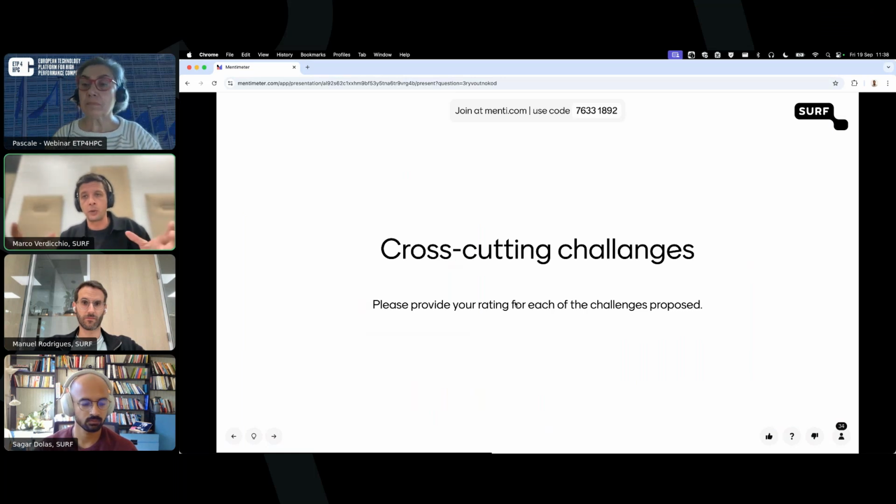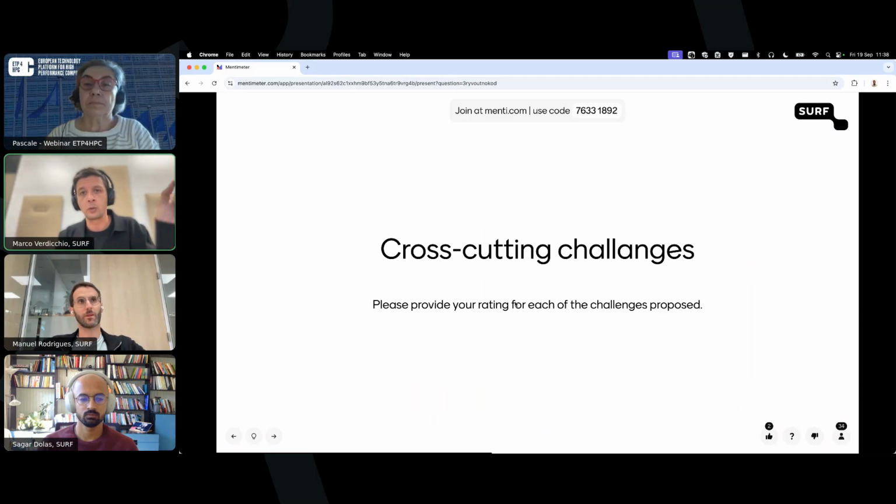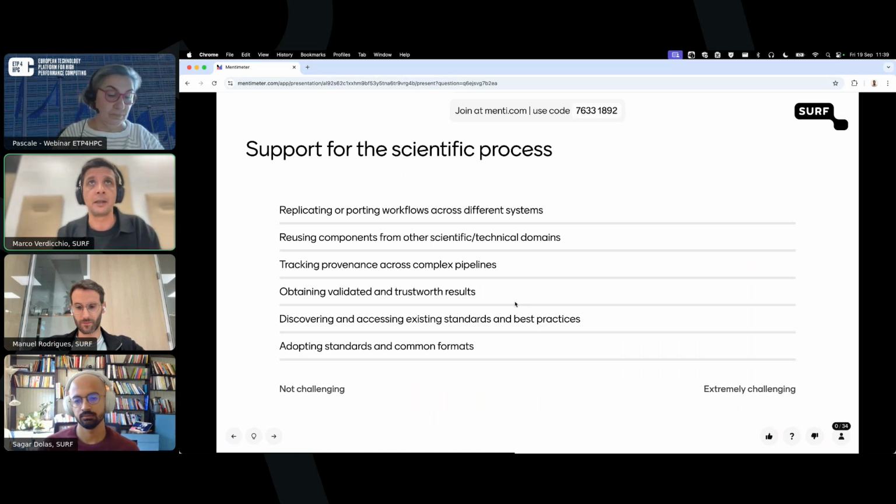As I showed before, we grouped challenges into different aspects that we saw as important, and for each we have more detailed challenges that we foresee for this kind of application. With a slider, we ask you to give a vote from 1 to 5, 1 being not challenging at all in your opinion, 5 being extremely challenging.